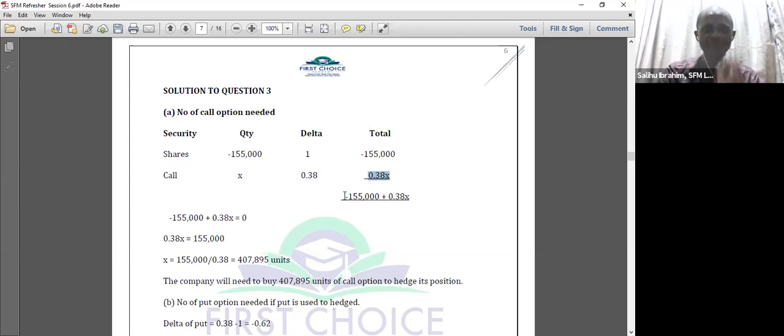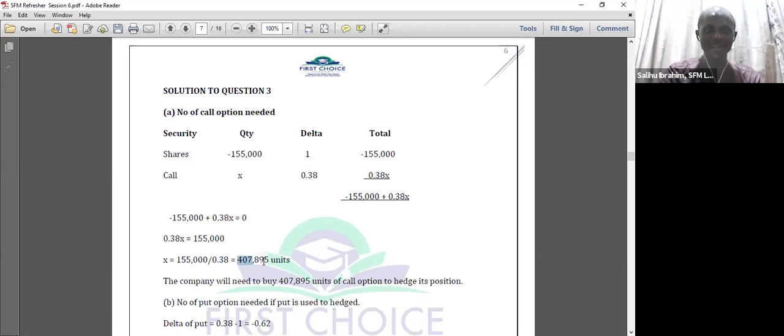So add the two together: minus 155,000 plus 0.38X is equal to 0. When you transfer this to the other side, I have 0.38X is equal to 155,000. This will change to positive. Now, X is 155,000 over 0.38, which is what?